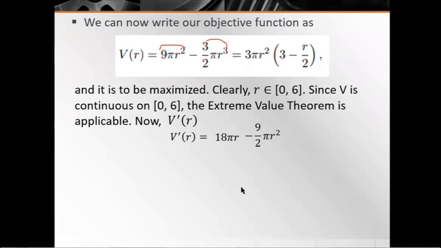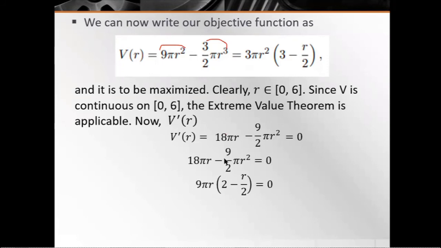Then, equate natin siya to 0 para makuha yung critical number. Pag in-equate natin sa 0, pwedeng makuha natin yung common factor which is 9 pi r. 18 pi r divided by 9 pi r, meron 2.